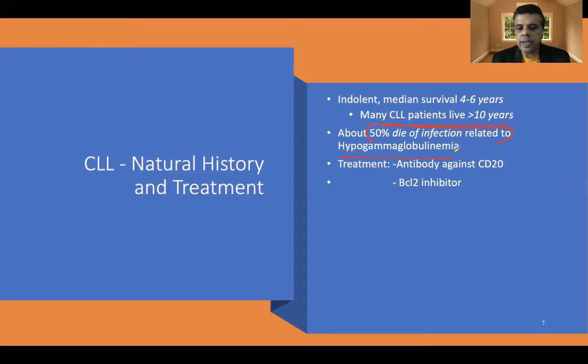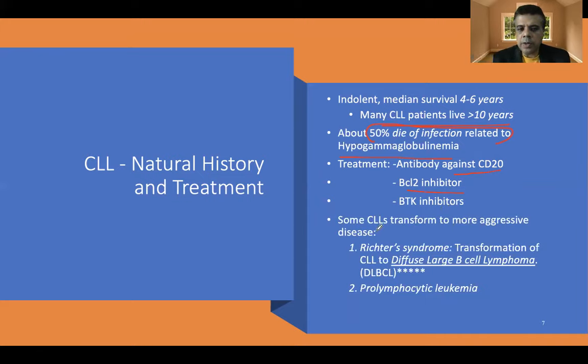Treatment is directed against B cell markers: monoclonal antibodies against CD20, BCL2 inhibitors, and BTK inhibitors have been tried with a variable degree of success.